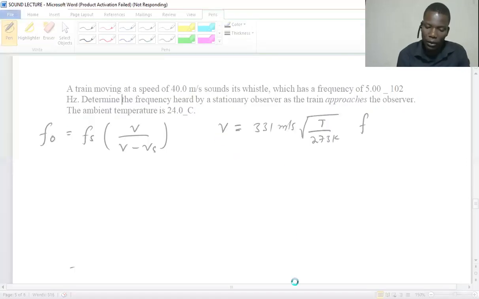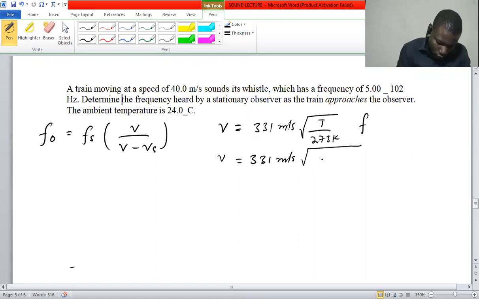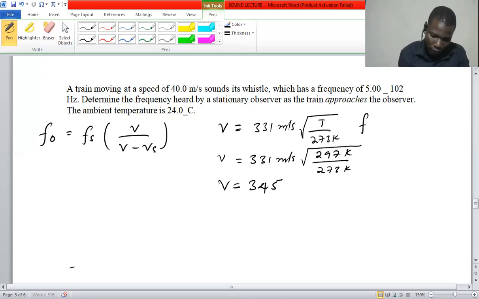Okay, so what we're going to have is, we convert 24 degrees Celsius to kelvins, and then we have 297 K over 273 K. So the speed of sound in that air is 345.2 meters per second.